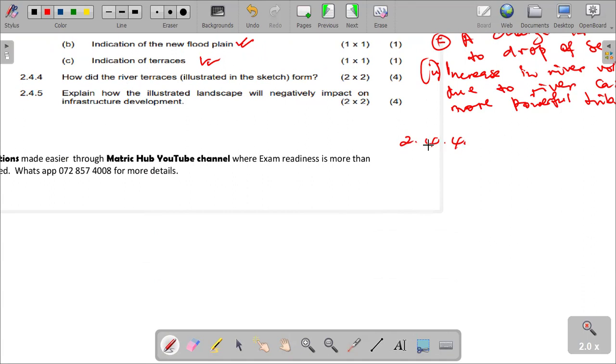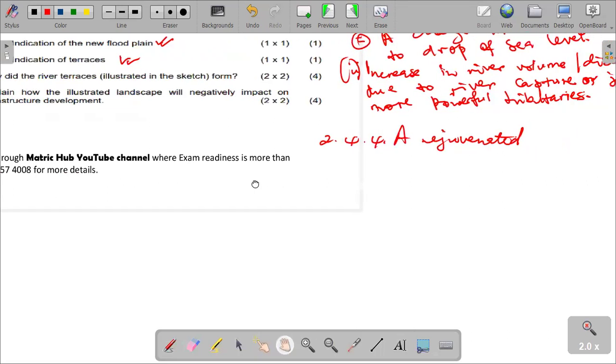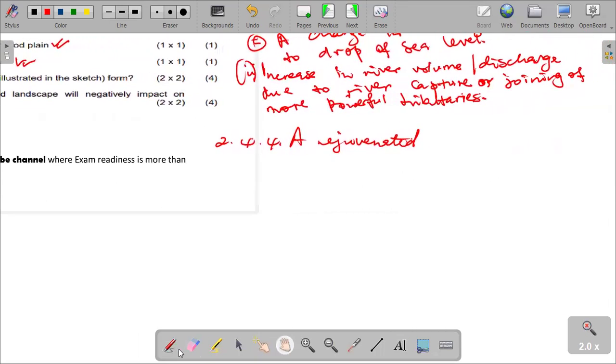One, we need to understand that a rejuvenated river cuts into the valley floor. It cuts into the valley floor.